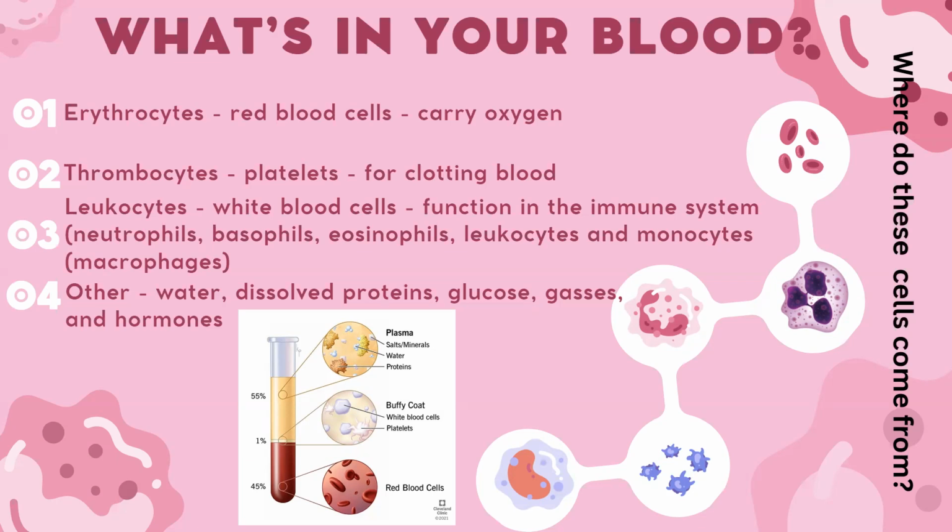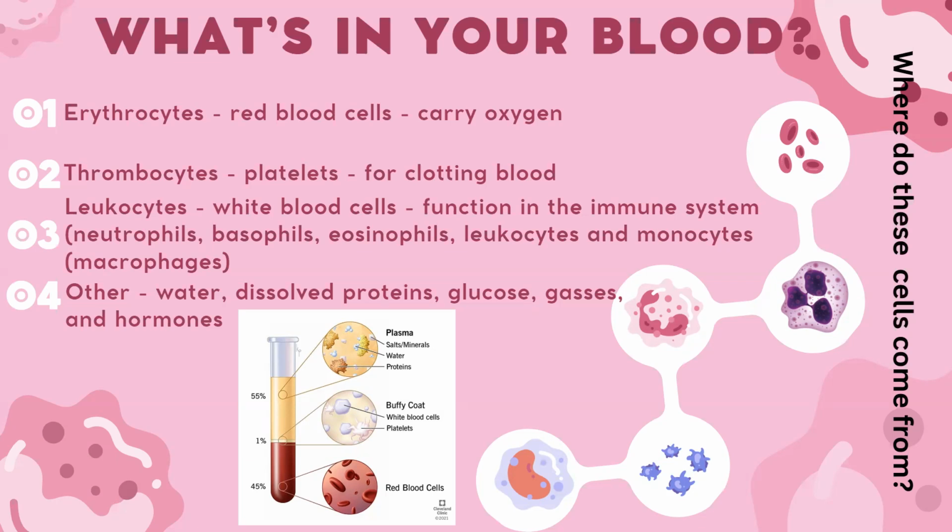Leukocytes are our white blood cells. So again, cyte is for cell, and then leuko is our combining form for white. So our white blood cells are our immune function. So we'll talk about those a little bit more in our next chapter. In the parentheses there is just a few examples of our white blood cells.